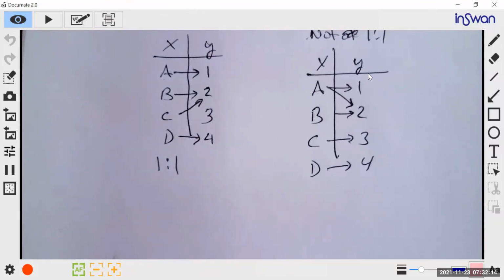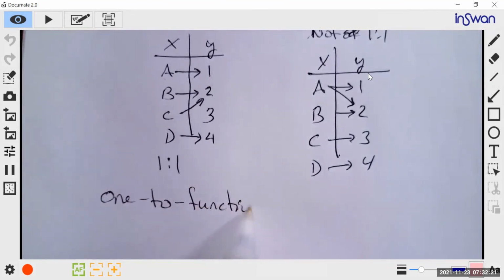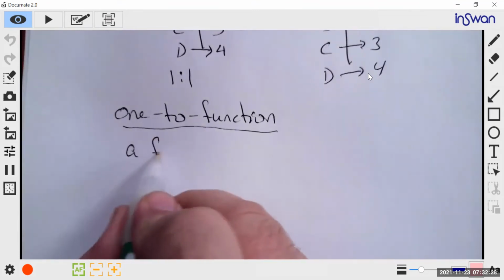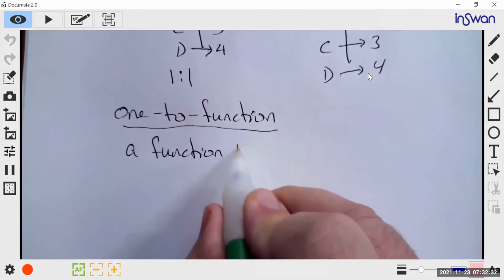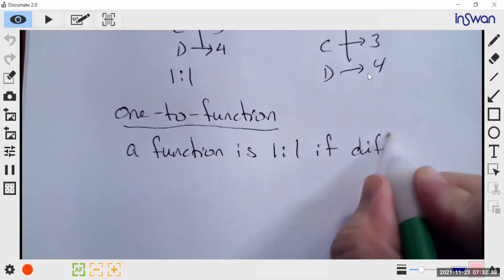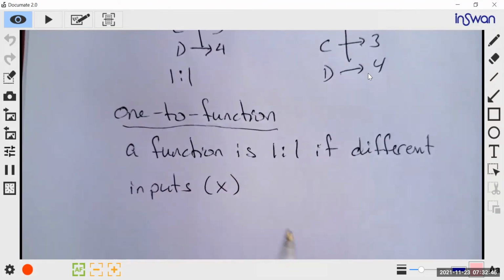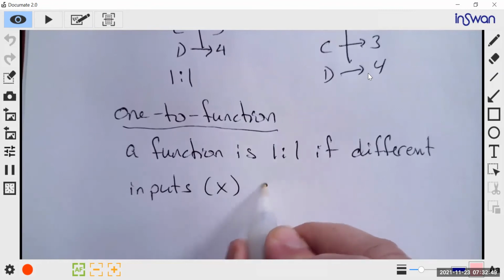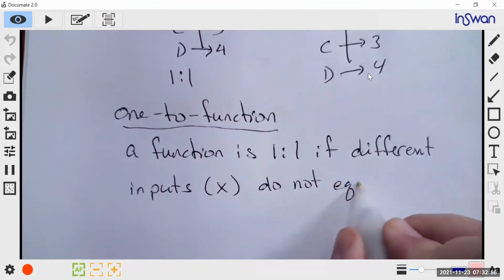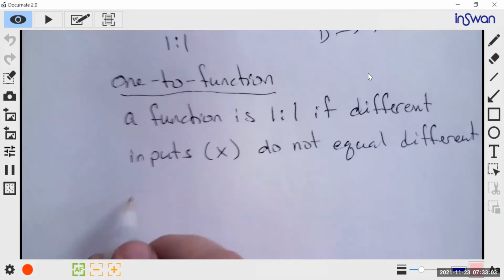So, define one-to-one function. A function is one-to-one if different inputs, those are the x values, do not equal different outputs.